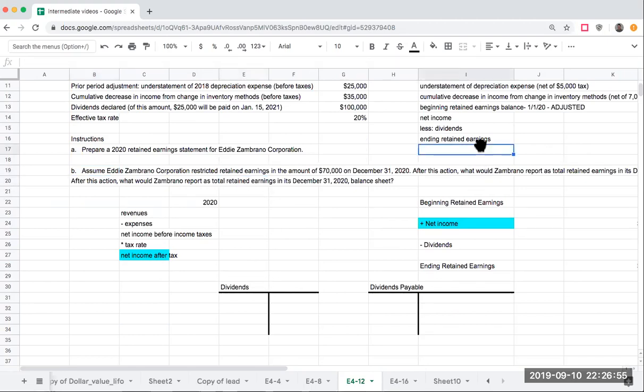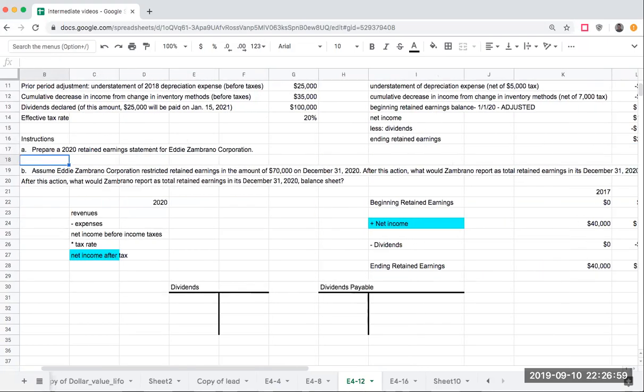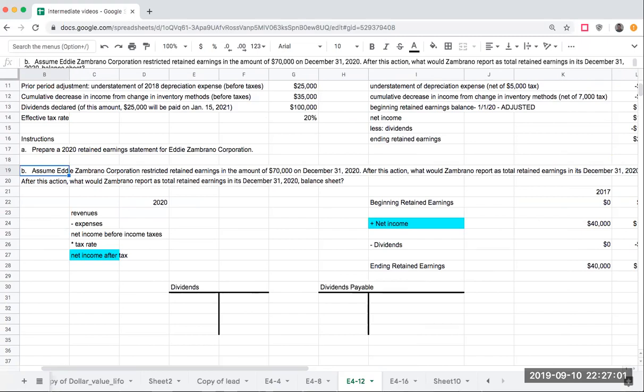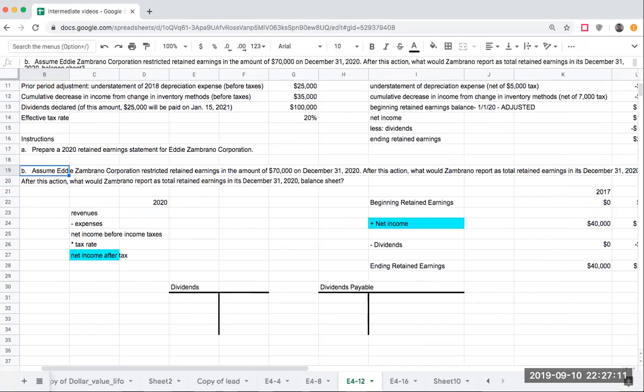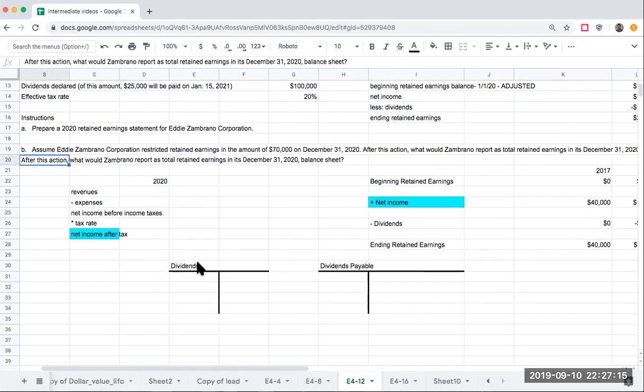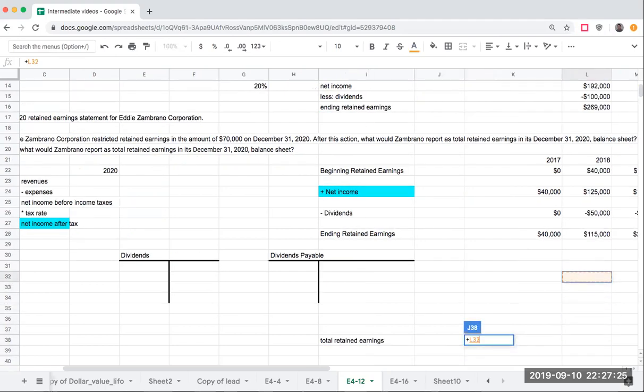So my total ending retained earnings is $269,000. And it says, assume that Eddie Zambrano restricted $70,000 as of December 30th, 2020. After the action, what would Zambrano report as retained earnings on its balance sheet? My total retained earnings is still $269,000.